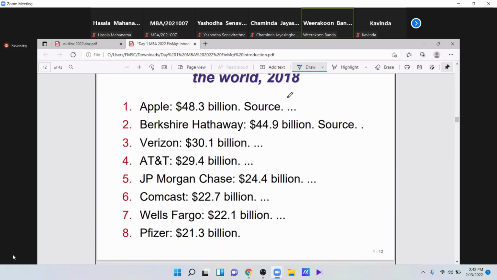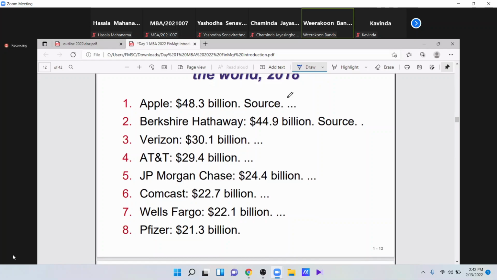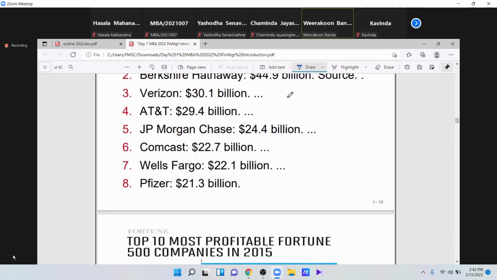In 2018, Pfizer was at the 8th level based on profitability. Now you can check on the website what their ranking is.